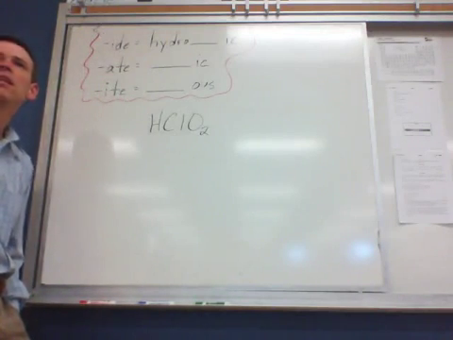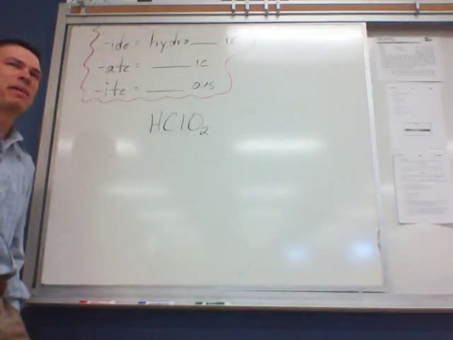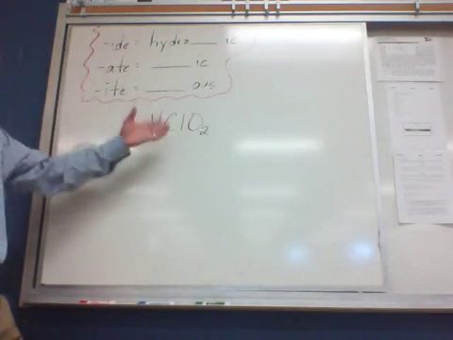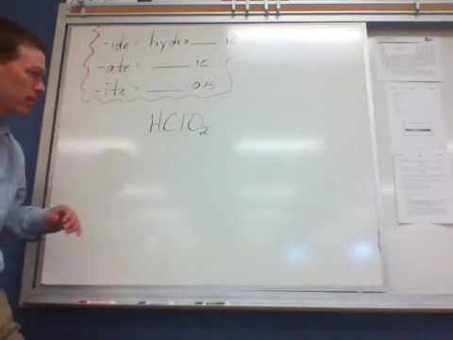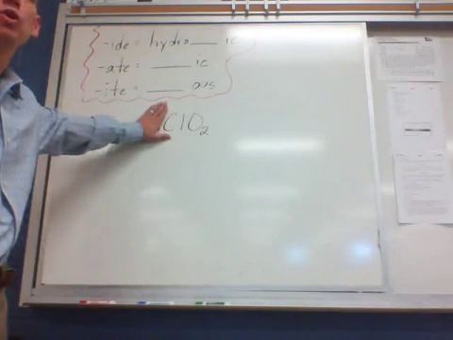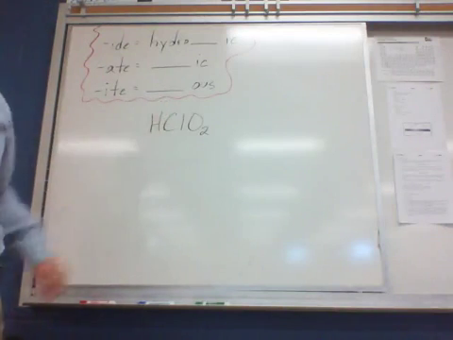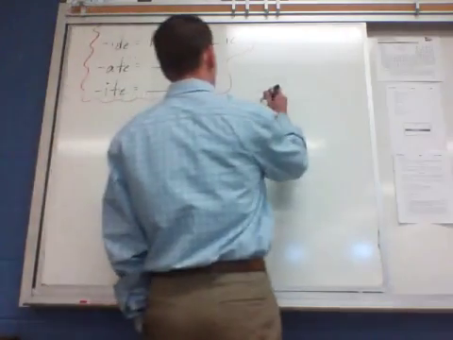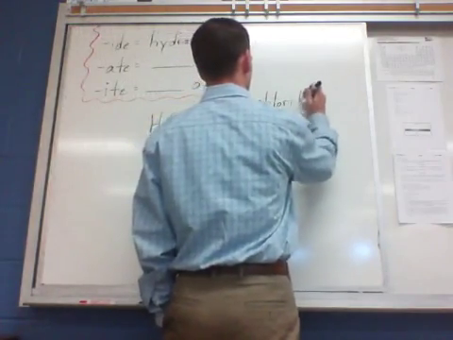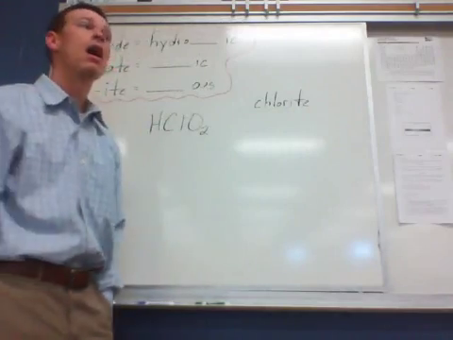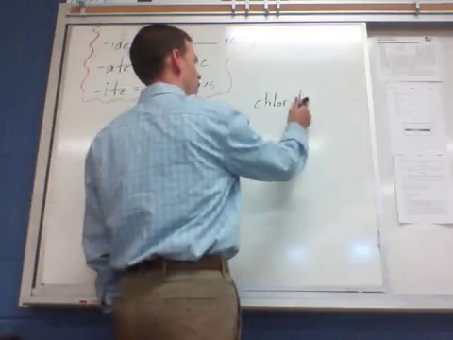Is it an acid? Yes, because it starts with hydrogen. Make sure you only apply these naming rules to acids. I'm going to cover up the H. ClO2. Find its name. ClO2. What is it? It's chlorite. This is how you say the non-H part of that compound. I want to focus on the ite.